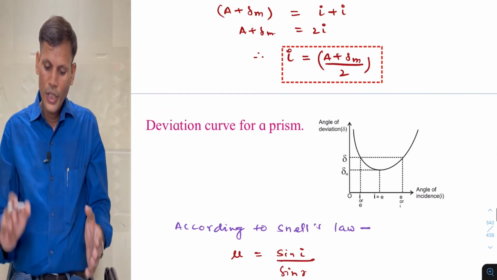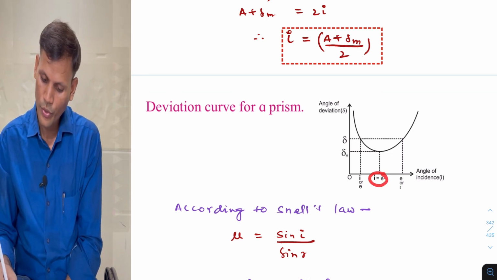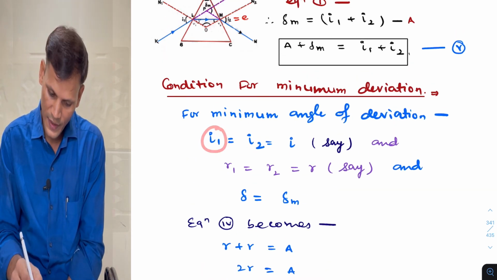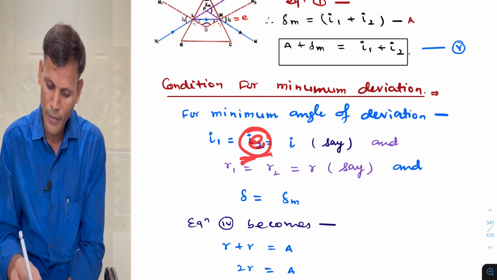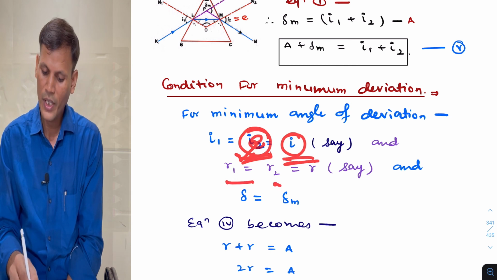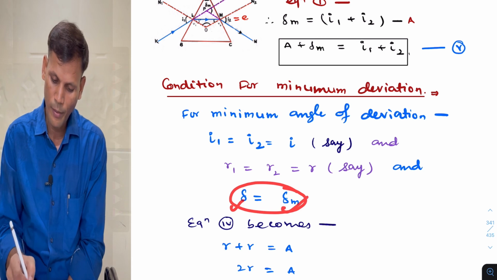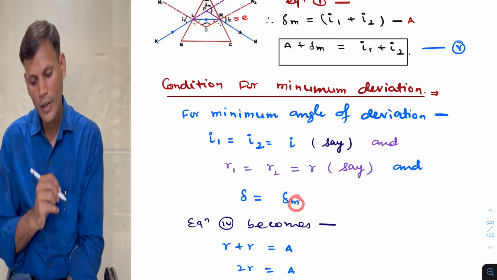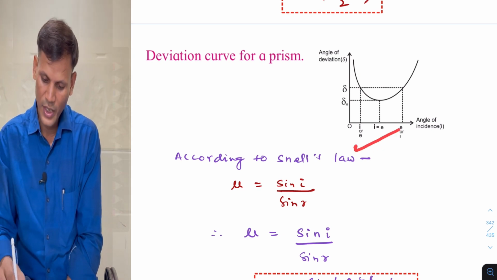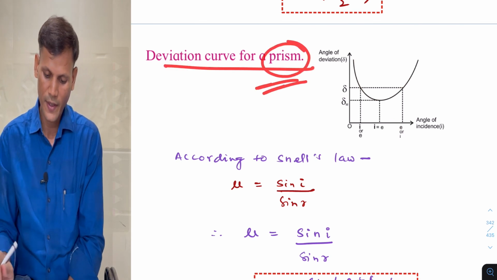So the angle of deviation will be minimum when I is equal to E. I have written the condition over here: I1 is equal to E, E was nothing but I2, and R1 is equal to R, and delta, the angle of deviation, will be M for minimum. So this is the deviation curve for the prism.